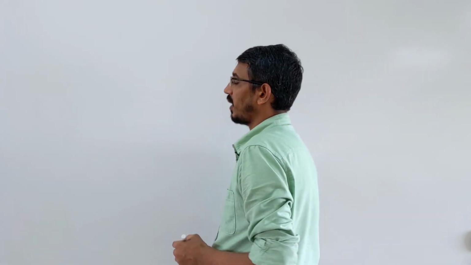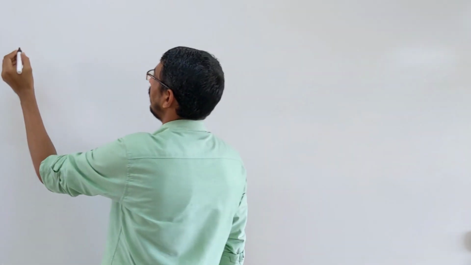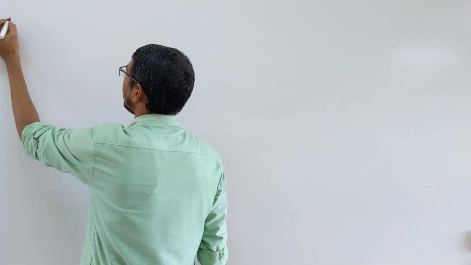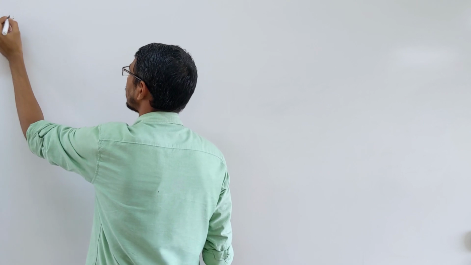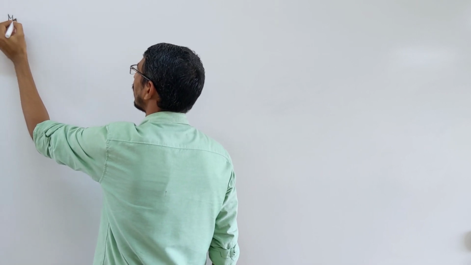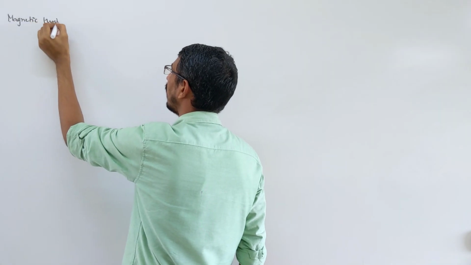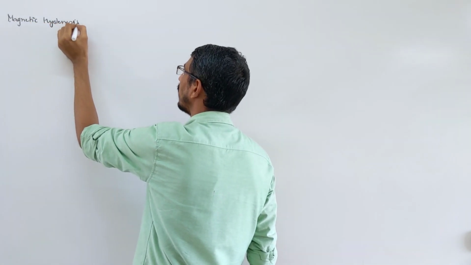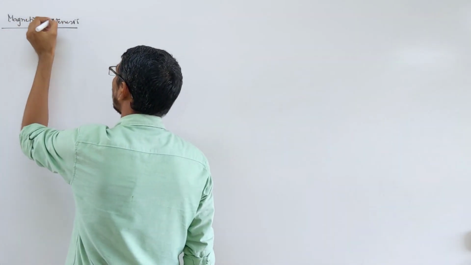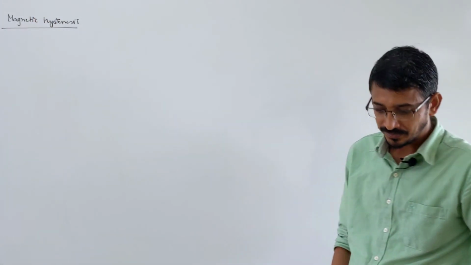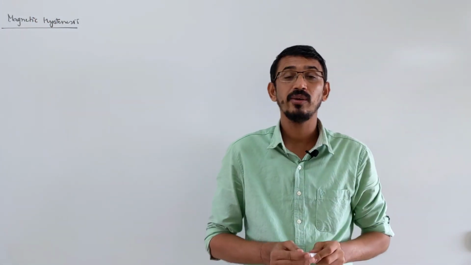So now we're talking about the last topic of this chapter, magnetic hysteresis. What is this? Look at how you make an electromagnet.